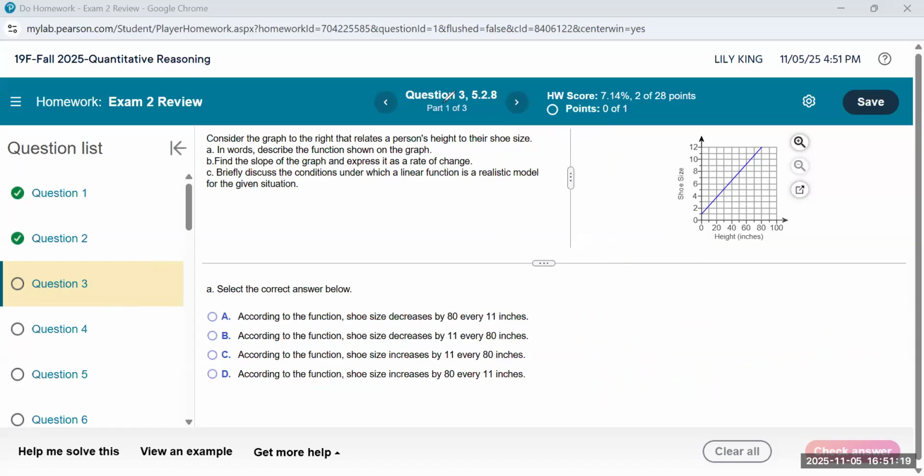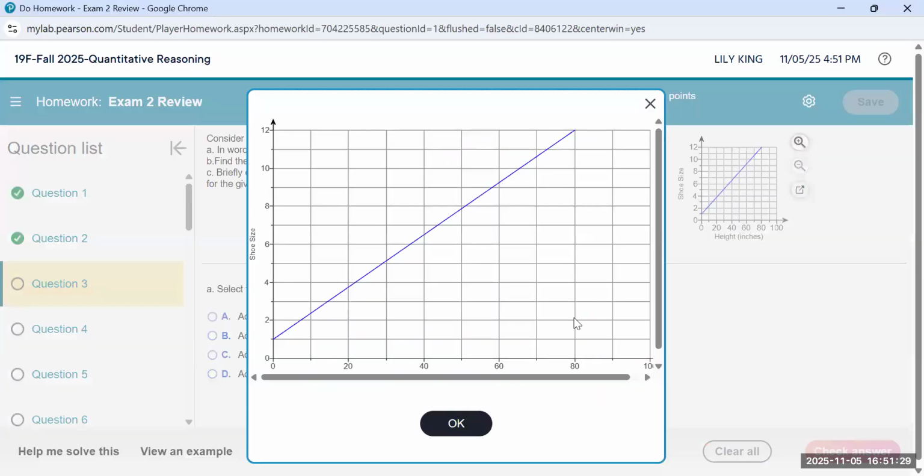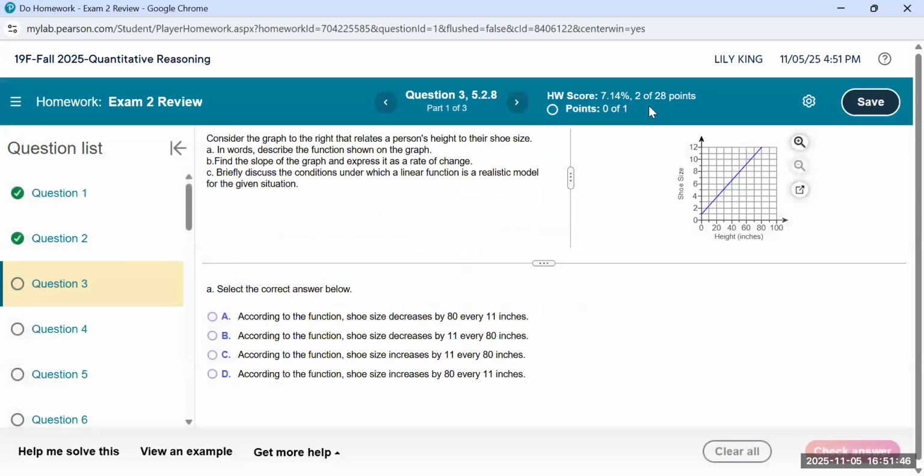The line is increasing. So any sentence that has the keyword decrease has to be out. We have to get rid of that choice. And you can also make this bigger by using the maximize tool on the graph. So any decrease has to be out of the options.